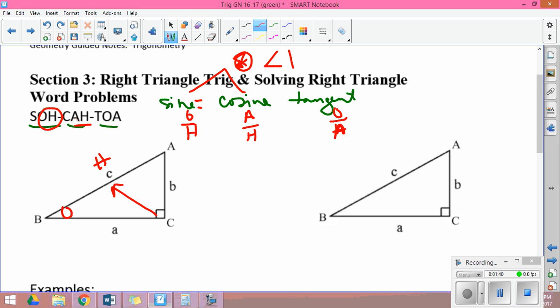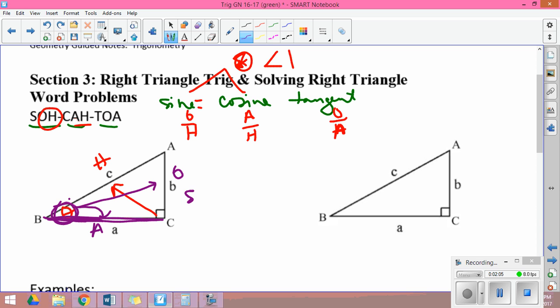So let's say we're going to pick this angle. We're going to call it theta, which is just a trig variable. So if I find my trig ratios for theta, then from right here, this side is opposite, and this side is adjacent. Adjacent means right next to. See, that side is right next to. Opposite literally means opposite.